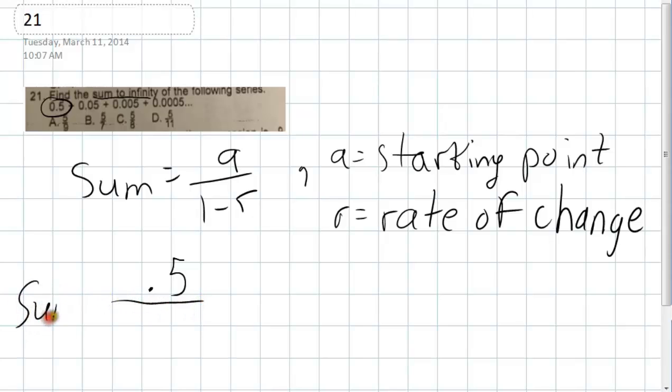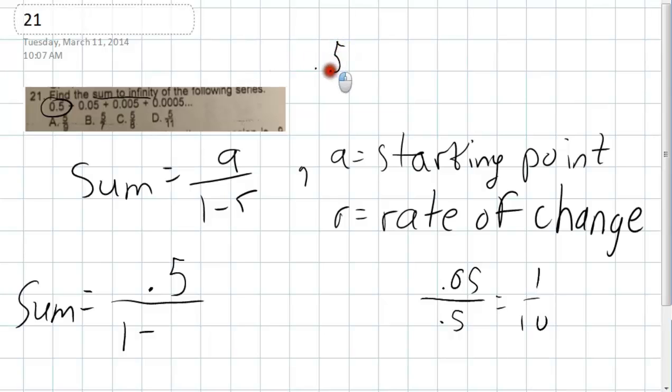So here's our sum. And 1 minus, let's find what r is. So to find the rate of change, what you have to do is realize that the rate of change is 0.05 divided by 0.5, which is equal to 1/10. Or you could, and I find this way much more intuitive, just look at the numbers.